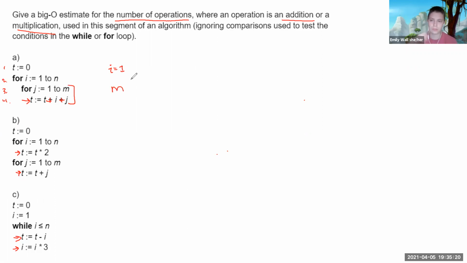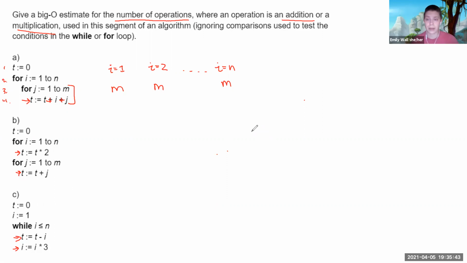We go through that inner loop m times. And then we go back to the outer loop, set I equal to 2, and then go do the inner loop another m times. And we just keep going until we get to I equals n. We go to the inner for loop, we run it another m times, and we're finally done.